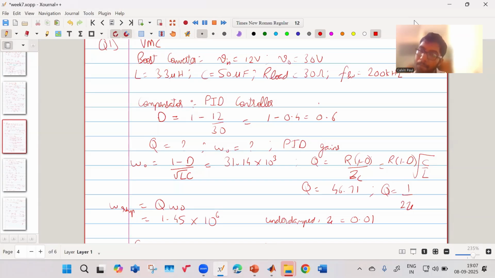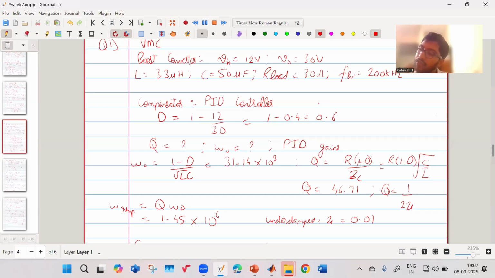Then you check whether it is a numeric answer type question or a multiple choice question. If it is a multiple choice question, you just calculate the Q and omega for the ideal case. Then you check in the options which answer closely matches that. Because when you add the parasitics, their contribution is negligible.